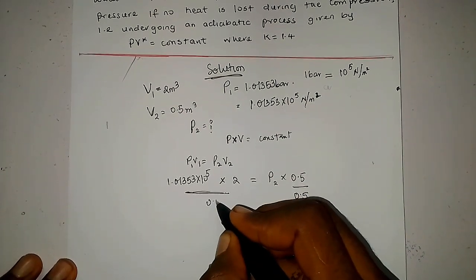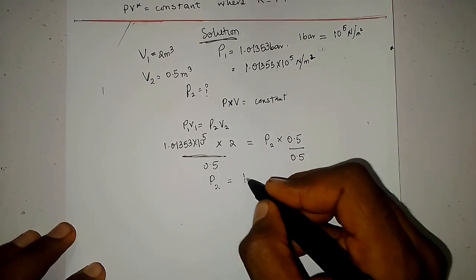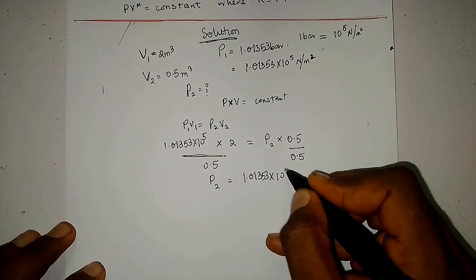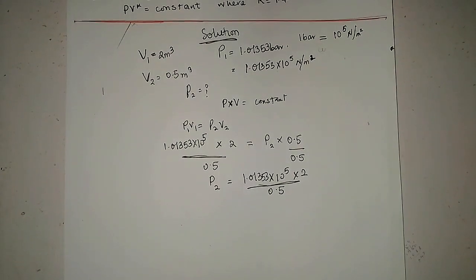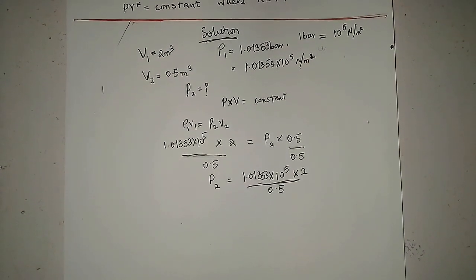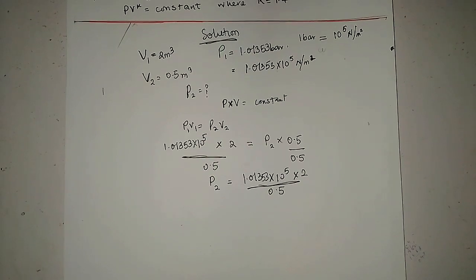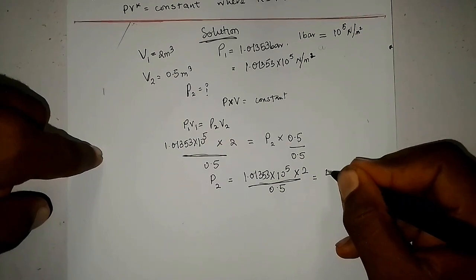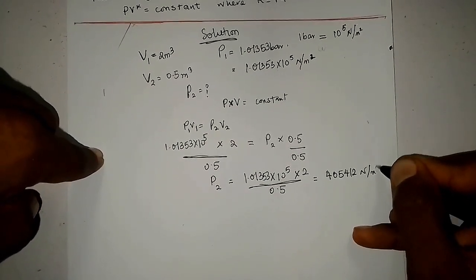Dividing both sides by 0.5, my final pressure is equal to 1.01353 times 10 raised to the power 5 times 2 divided by 0.5, which is equal to 405,412 Newton per meter square.